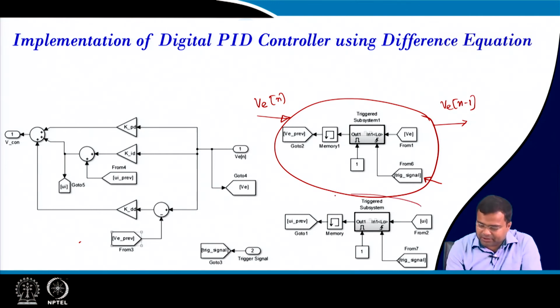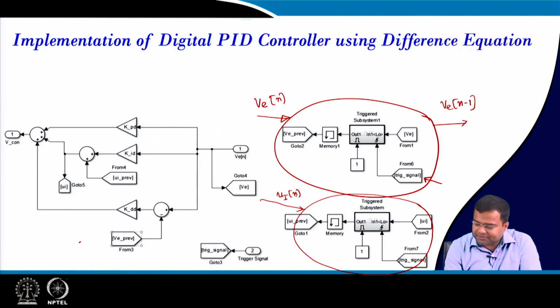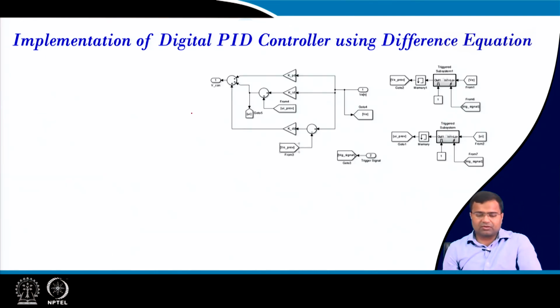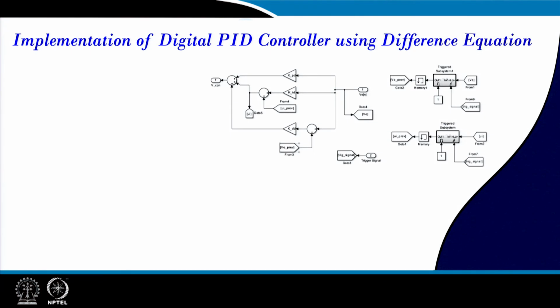Then what is this block? The input to this block is Ui of n, and the output is Ui of n minus 1. Then this is the complete PID controller that I have shown here. Now we will go to Matlab to show the implementation of the PID controller.